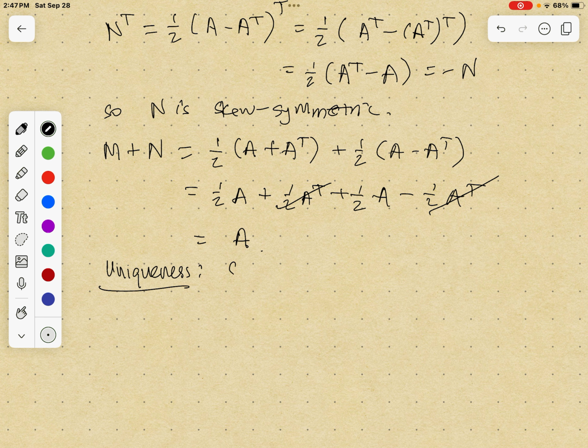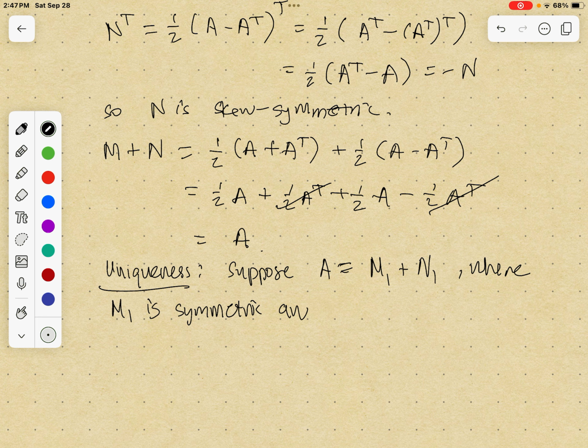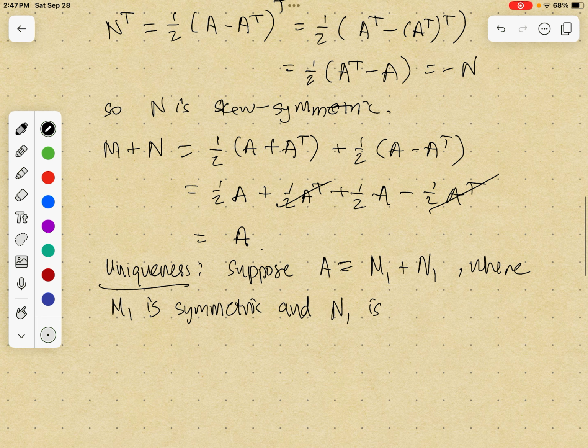So suppose that A is equal to, do I want to use M and N again? I could, but let's say that A is equal to M1 plus N1, where M1 is symmetric and N1 is skew-symmetric.